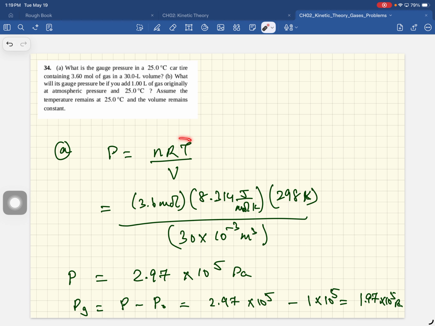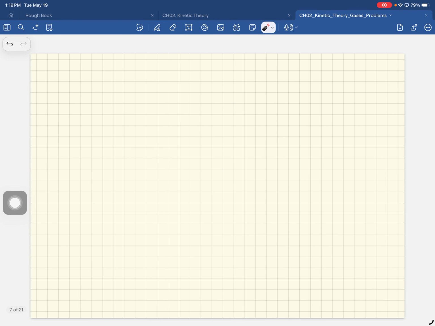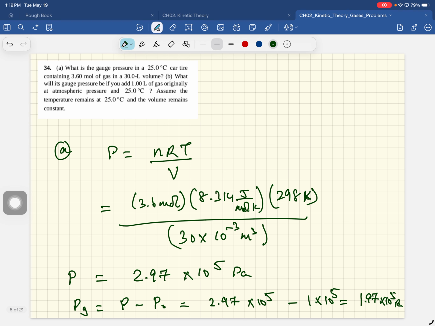Okay. You can find the mass of a single molecule, but this is easier to do. What is the molar mass of argon? That red number, 40. Okay, 40 grams. So 3 times 8.314 joules per mole per Kelvin.